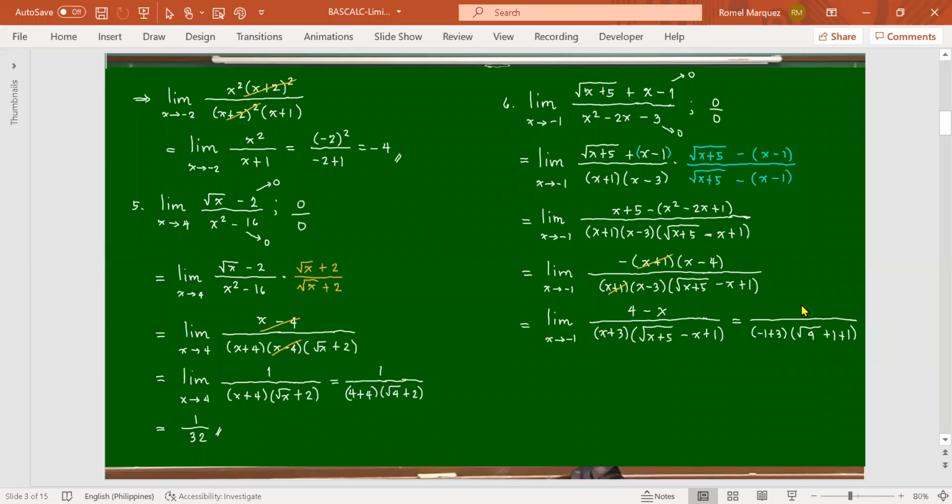Is it correct, guys? 4 minus becomes plus 1. Would you please check? 2 times 2 plus 2, 4. Okay na, guys? Okay. Thank you. Okay, so let's have number 7.